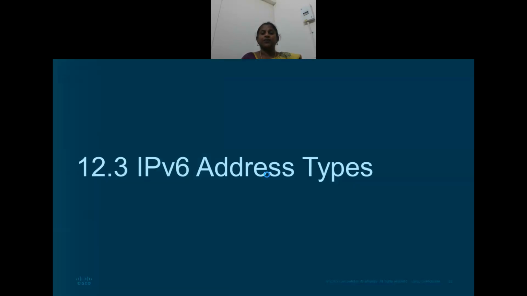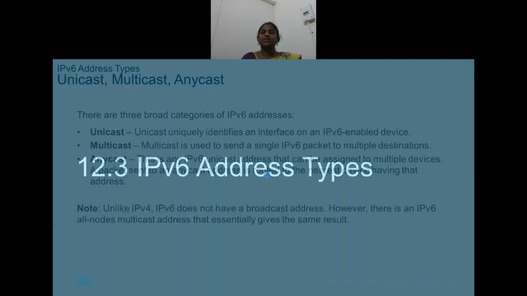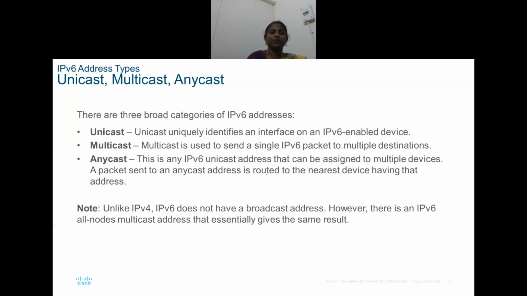Now, what are the different types of IP version 6 address? There are unicast, multicast, and anycast addresses. In unicast, you have a client talking to a server. So it is one-to-one communication, called unicast communication. The next one is multicast communication.